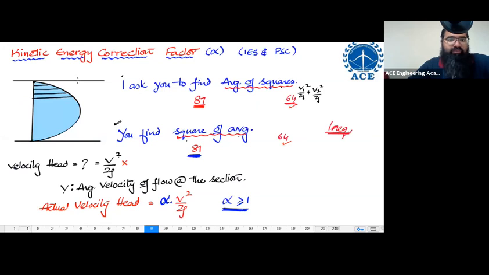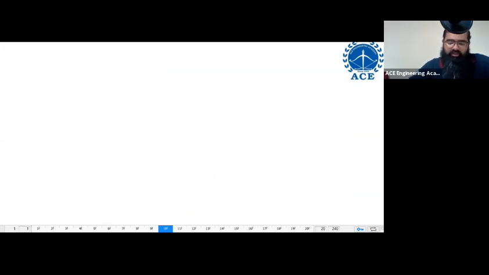So don't think that the fluid is ideal anymore. That is why you can have a non-uniform velocity profile. So let me write some notes regarding alpha along with the formula, along with some standard values of alpha you are supposed to remember.